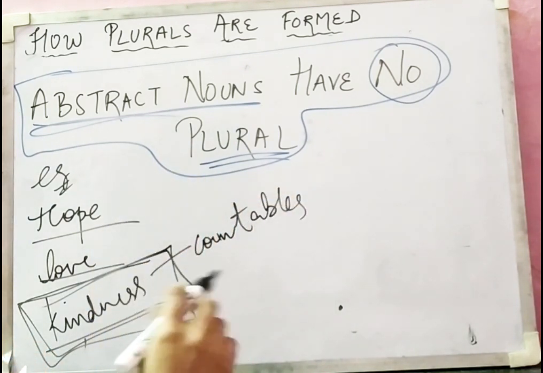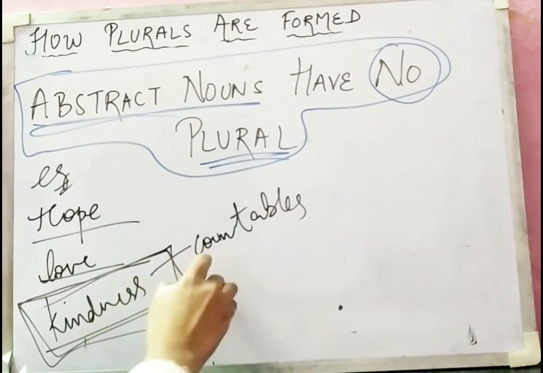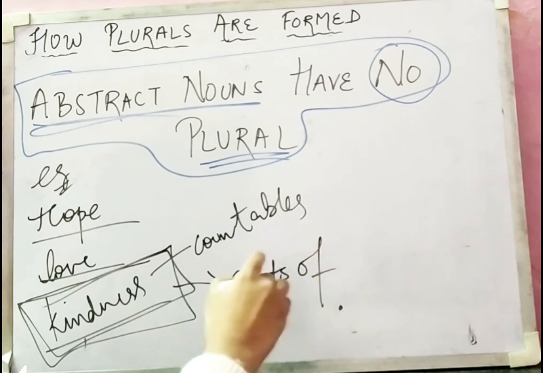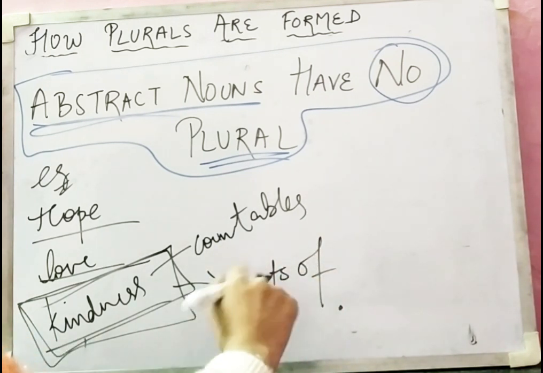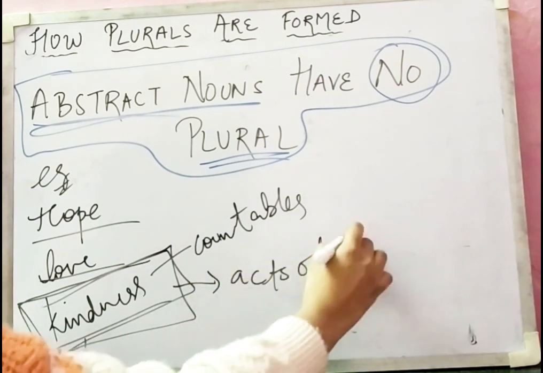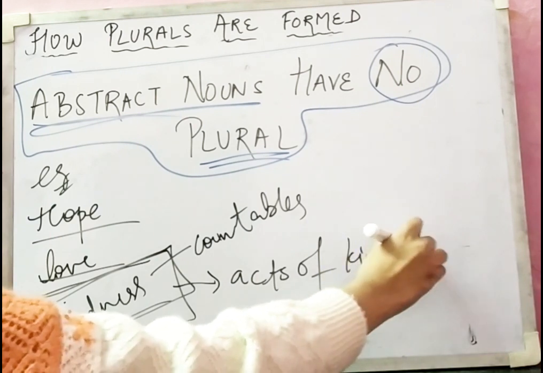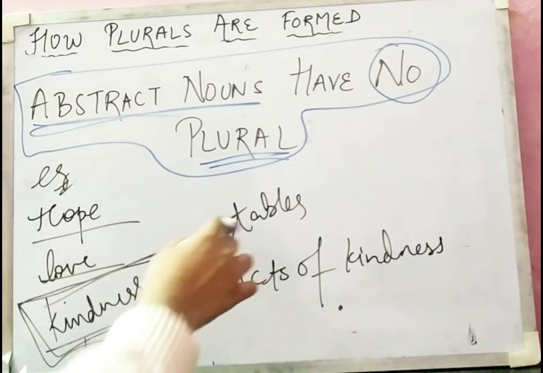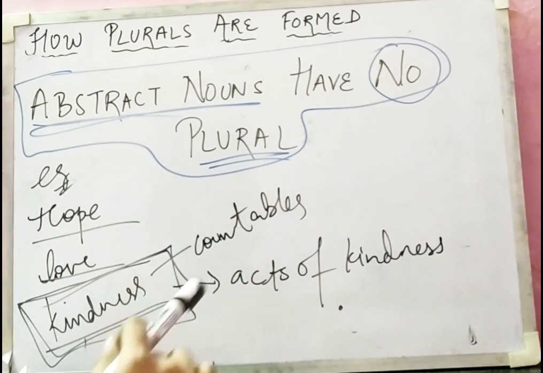Is it clear? Like kindness, which means act of kindness. Remember this, this is not act, this is acts of kindness. Similarly, kindness comes under countables, which means acts of kindness.